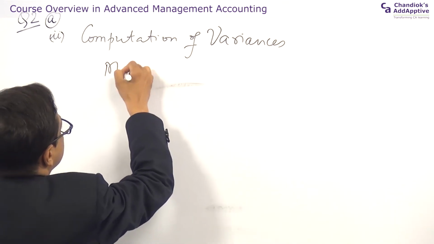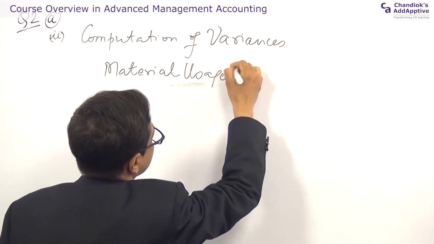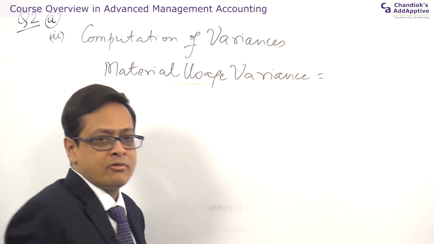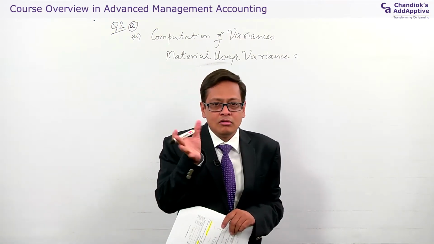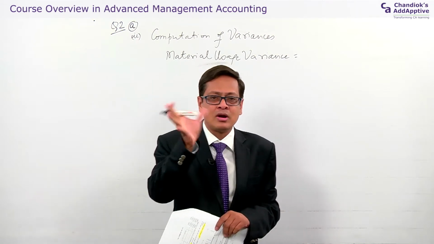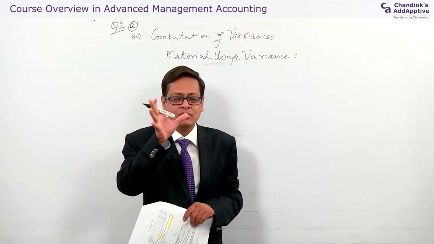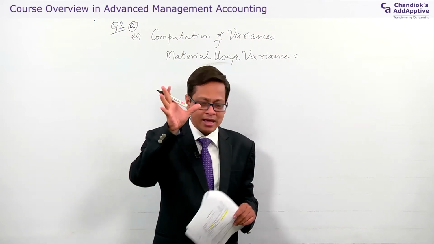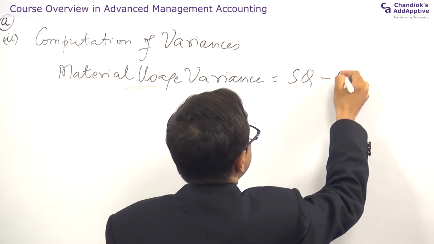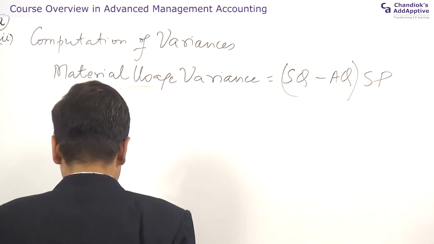So the examiner asks for material usage variance. So what is the formula? Friend, usage. So what you use? You use the quantity. So it is standard quantity minus actual quantity. That difference when linked with the price. So standard quantity minus actual quantity linked with standard price, right?